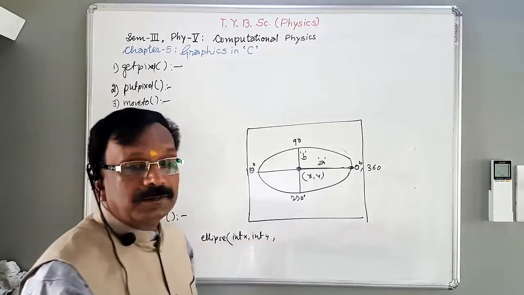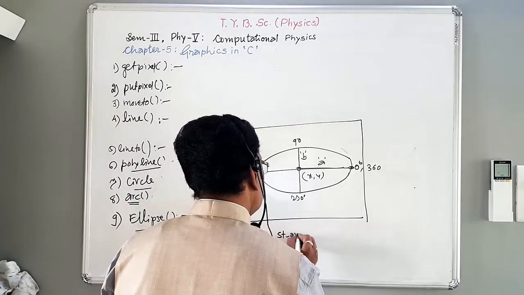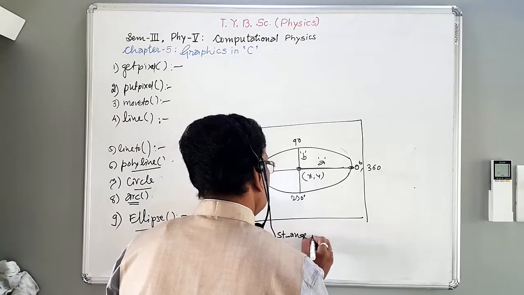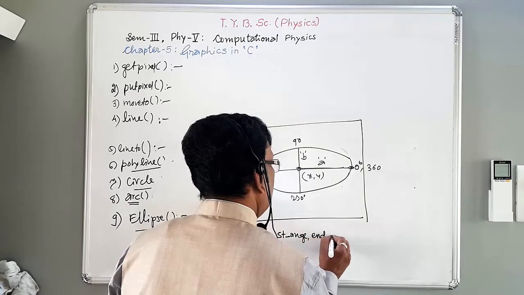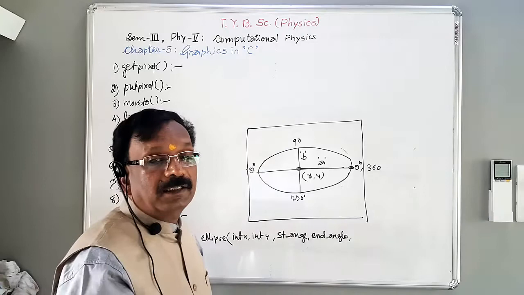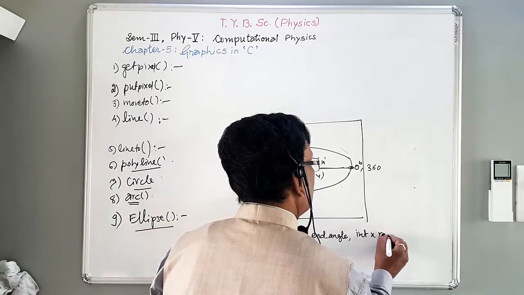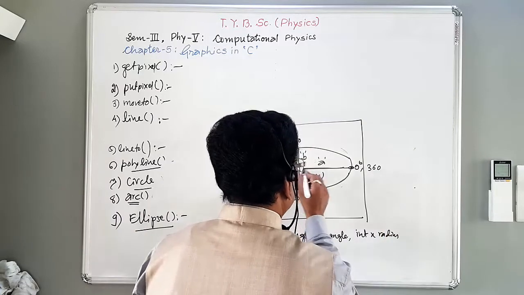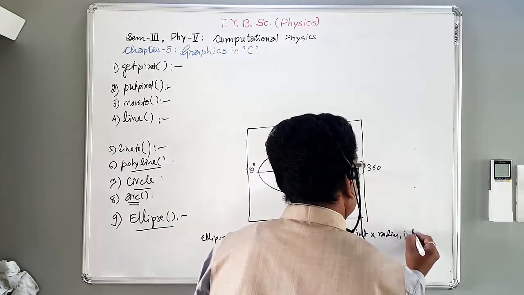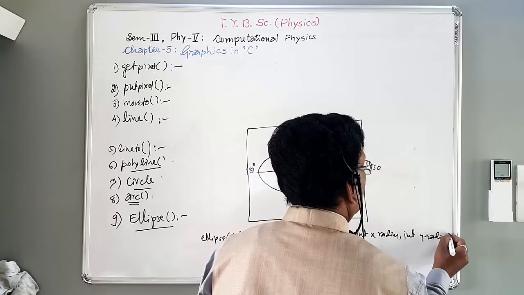Then first of all we have to give the start angle, then the end angle, then semi-major, that is integer x radius, then integer y radius.